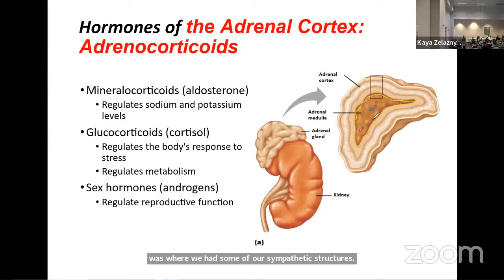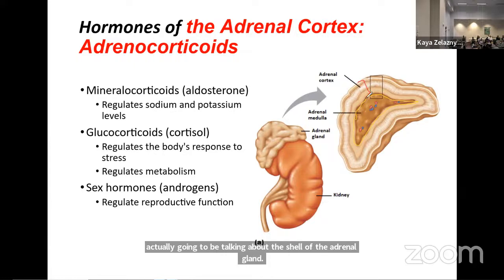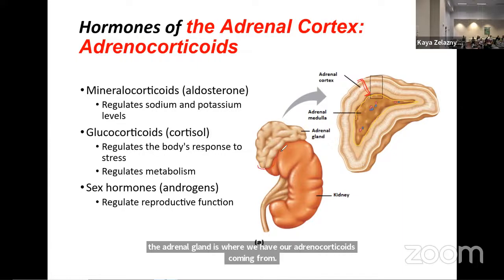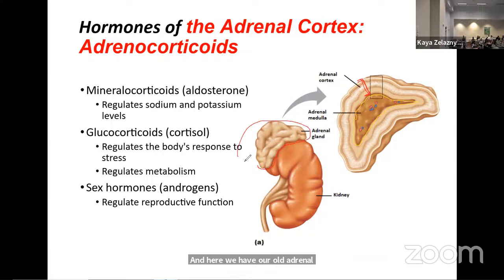Now that we're talking about the endocrine system, we're actually going to be talking about the shell of the adrenal gland. So the adrenal cortex out here, so think like the orange peel of the adrenal gland, is where we have our adrenocorticoids coming from. And here we have our little adrenal gland sitting on top of a kidney.